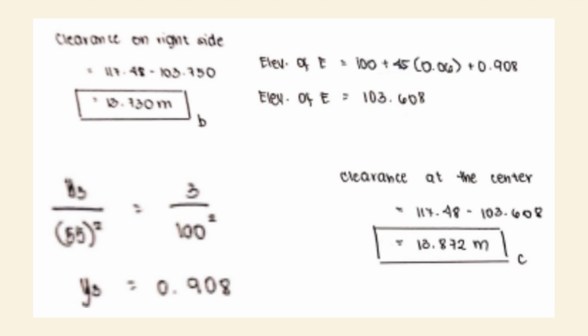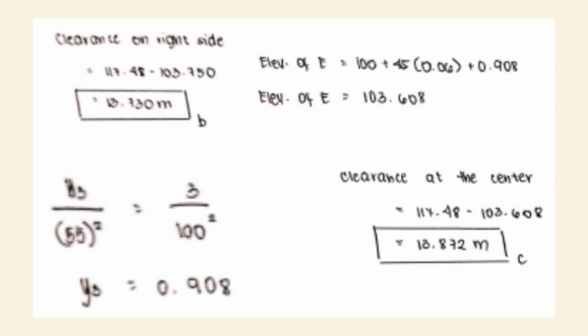Next, for C, we need to solve for the clearance at the center of the bridge. But we first need to solve for Y sub 3 and the elevation of E. So first, for Y sub 3, using the same process as solving for Y sub 1 and Y sub 2, we have Y sub 3 over 55 squared is equal to 3 over 100 squared.